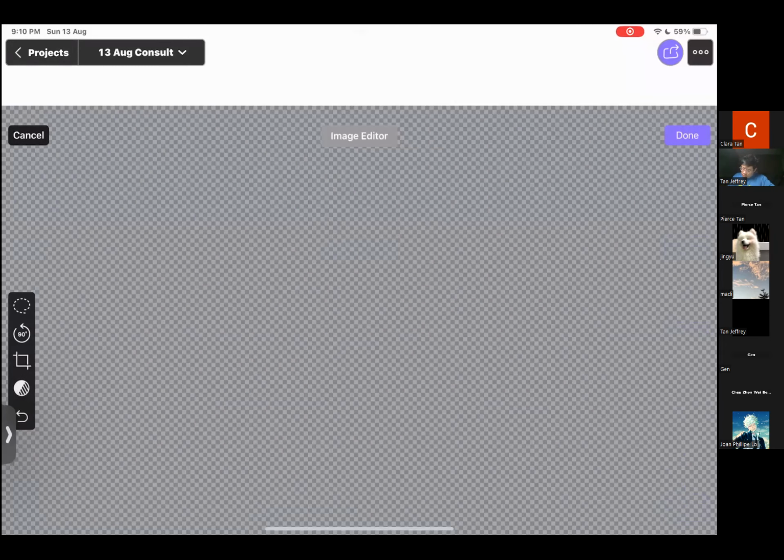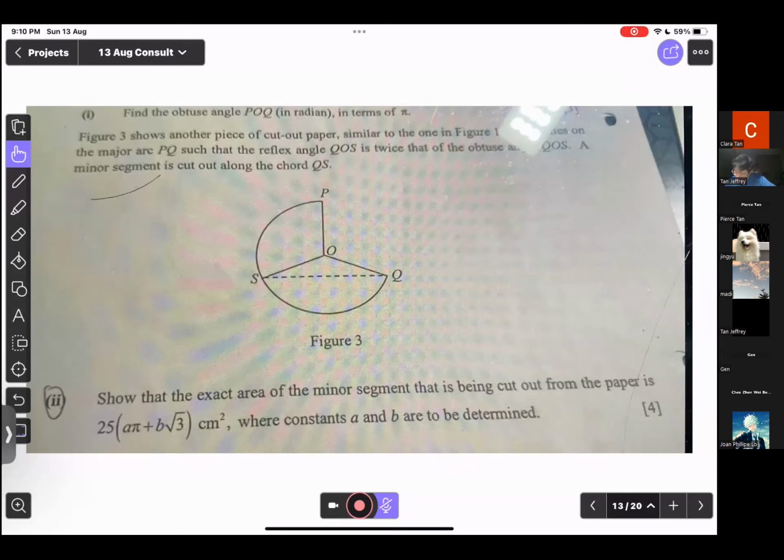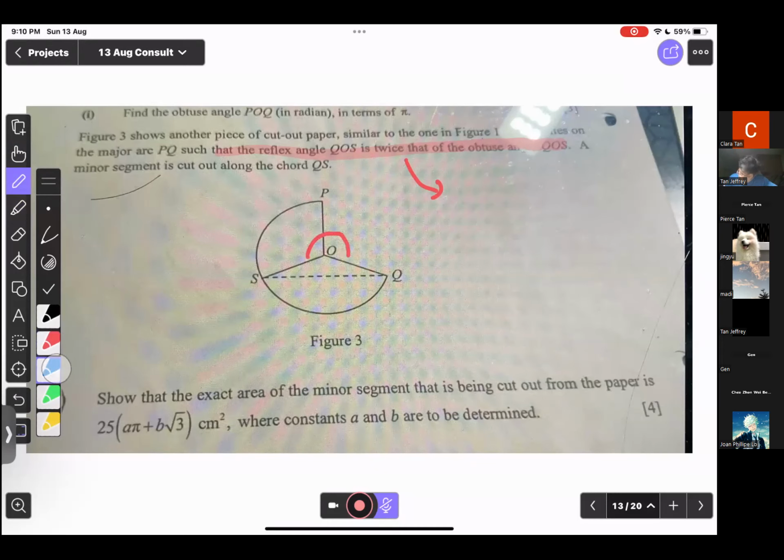Benjamin, what portion is bothering you? Is it because you cannot find the theta? The key thing is this one. Actually, the reflex angle QOS is twice of this angle, then they add up to 2 pi.